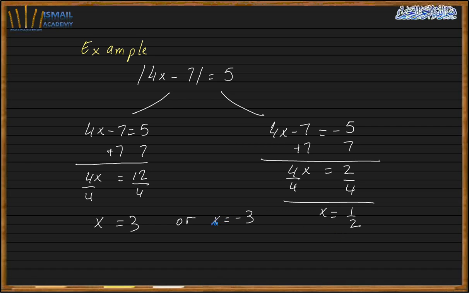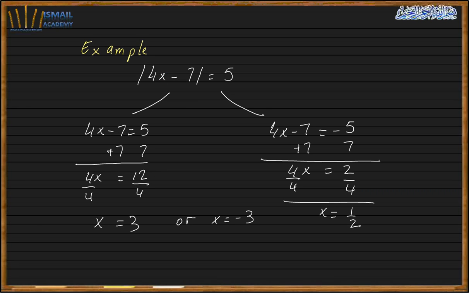You see, it's not that because of the absolute value I will have a positive answer and a negative answer. No. The inside may be positive or the inside may be negative. This has nothing to do with the x. For both cases, x may be both positive, or both negative, or one positive and one negative.